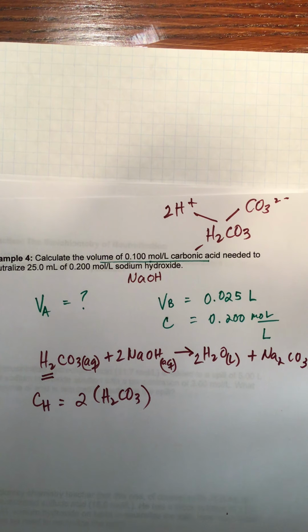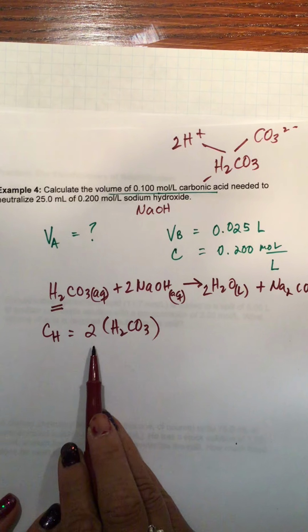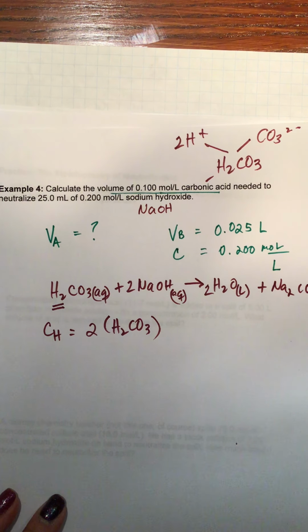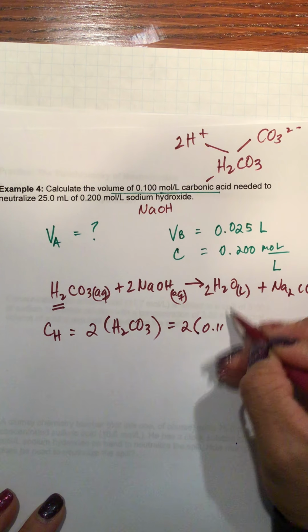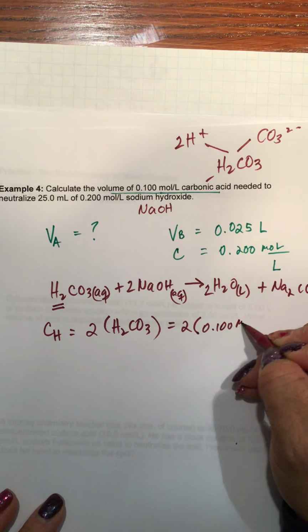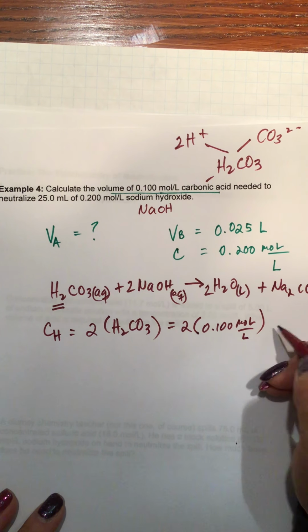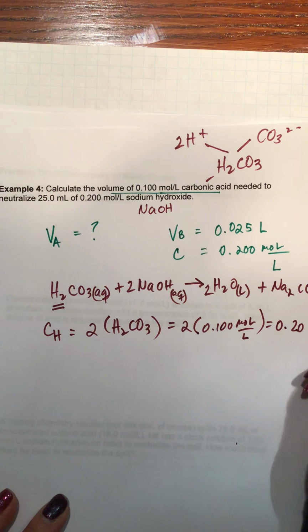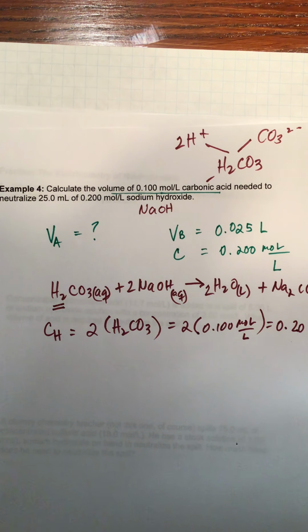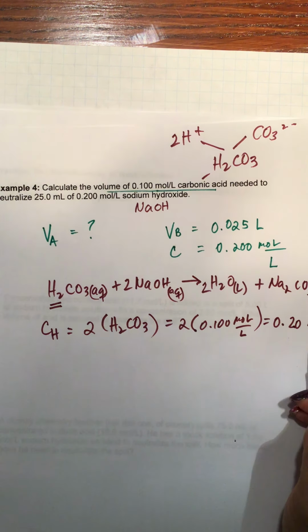So you double the concentration: 2 times 0.1 moles per liter gives you 0.2 moles per liter.